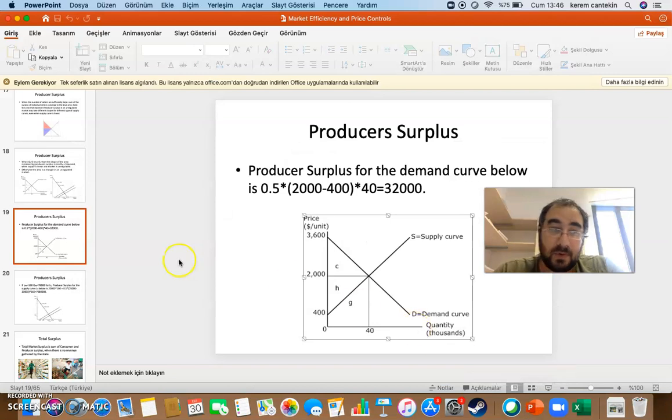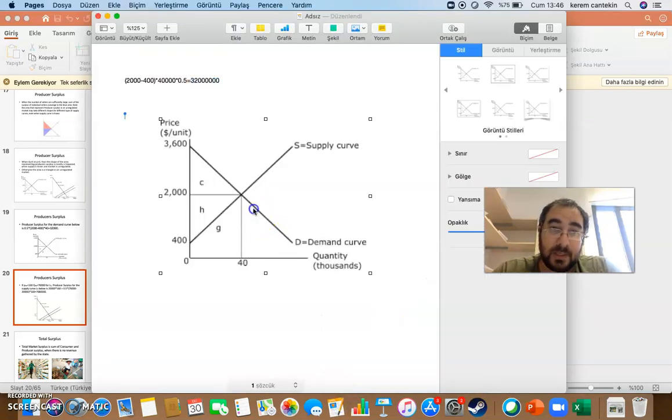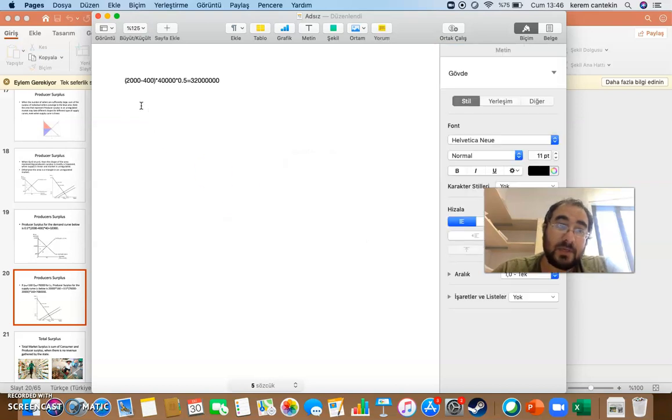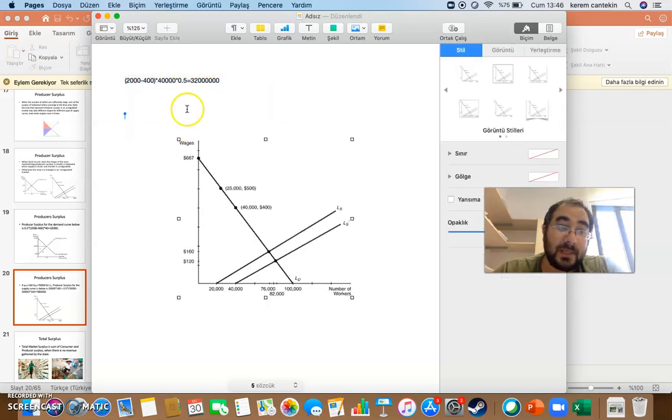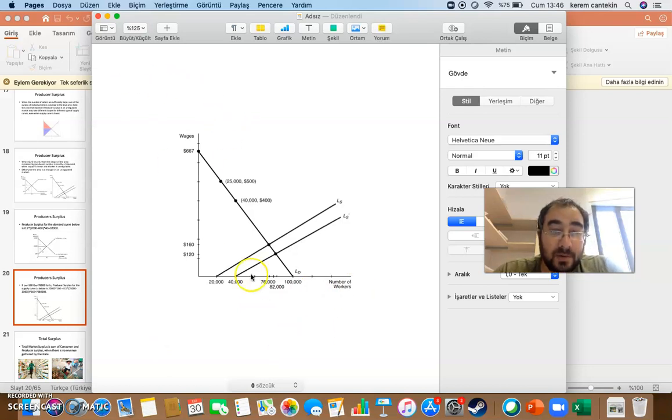Now we have a more difficult case, which is this case. In this case, let's copy this also. In this case, basically, let's first try to mention what this case means economically. It means that we have some producers who are willing to supply a certain good for zero amount.